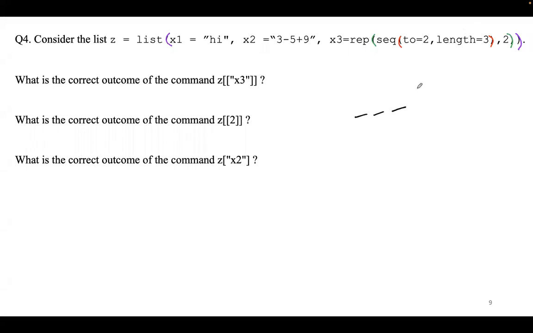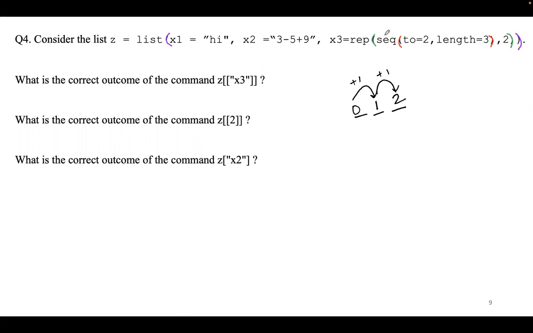So you have 3 elements. The final element is 2. You have not been given anything, so you assume that here it was a jump of +1 and here it was a jump of +1. So therefore this is going to be 1 and this is going to be 0. So this is the output of seq, this thing.